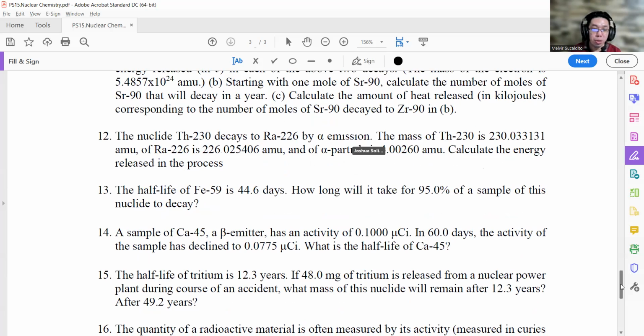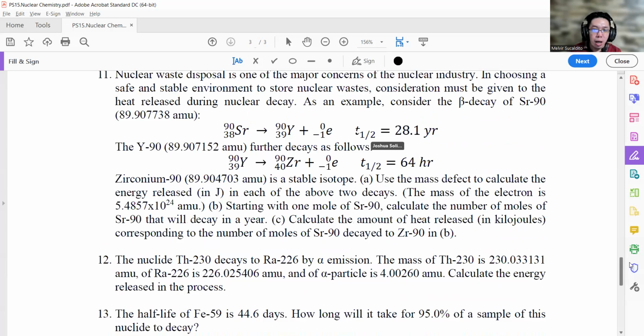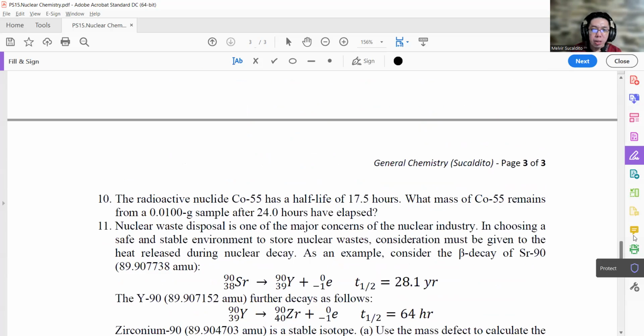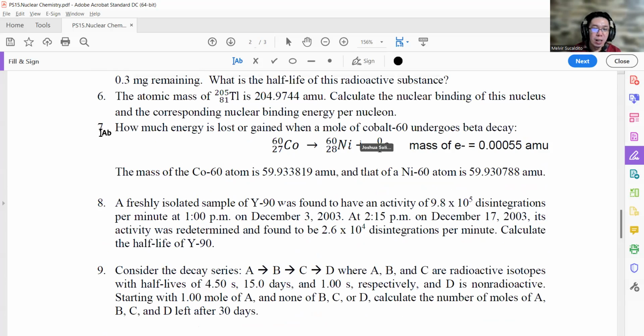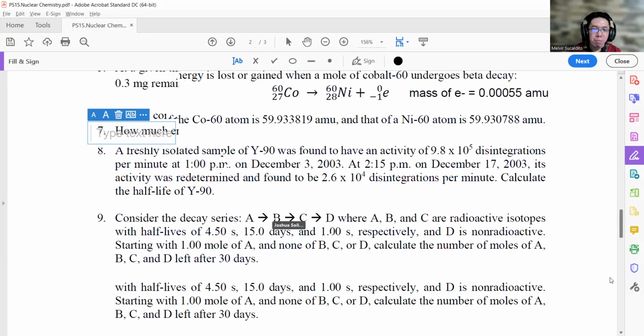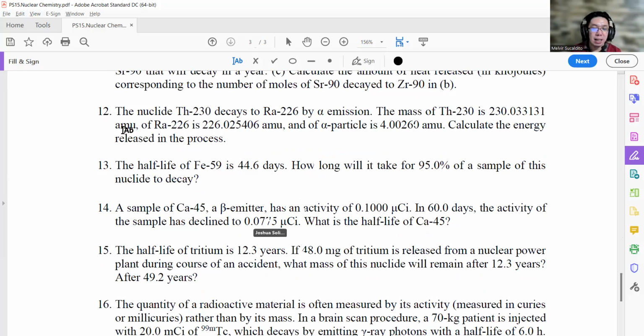So ang kamukha niyang problem, Josh, ay number 7. Number 7 at saka number 12, magkamukha yan sila.